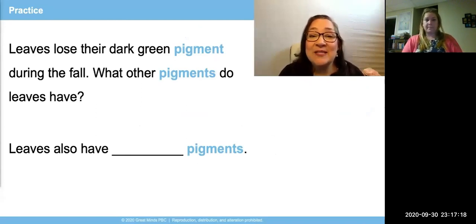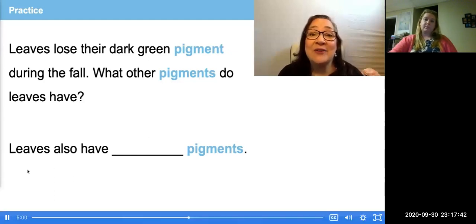What other pigments do leaves have? Leaves also have blank pigments. Now, listen to the question. Leaves lose their dark green pigment during the fall. What other pigments do leaves have? Please pause the video now and talk to your learning partner and let them know what other pigments leaves have.